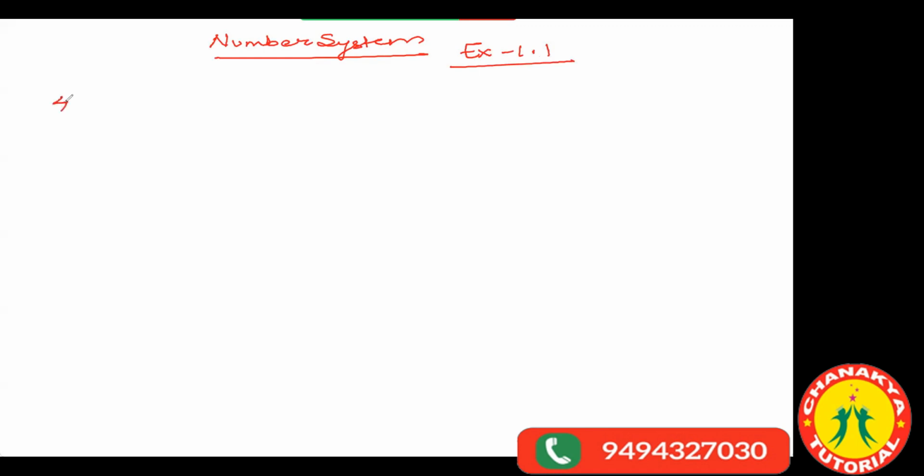Now see, question number 4 is: state whether the following statements are true or false. Give reason for your answer. The first statement is that every natural number is a whole number.